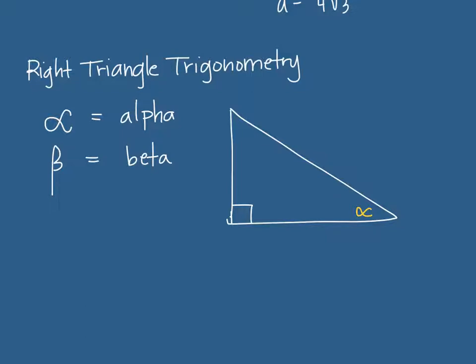And then beta always goes in the upper corner across from that. So that's the position that we use. And then we still have side A, side B, and side C. So trig is the relationship between the sides and the angles. They match up in certain ways.